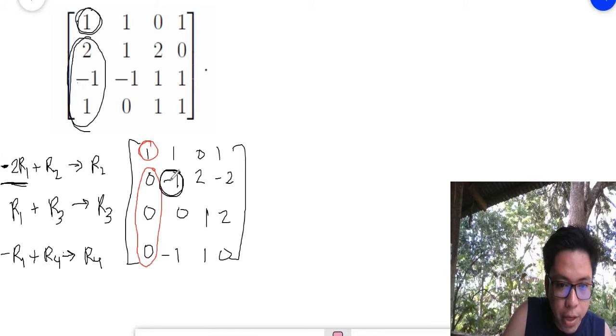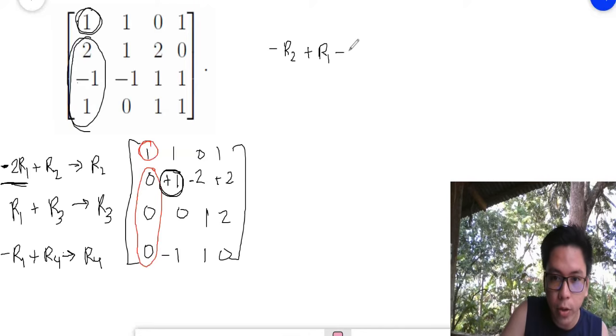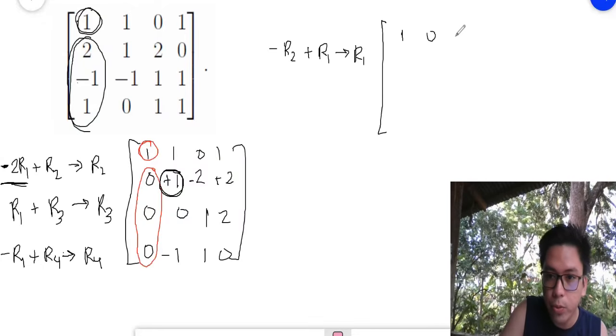This will be positive, this will be negative, this will be positive. I have my new R1 as negative R2 plus R1. So I'd have 1, 0, 2, negative 1.